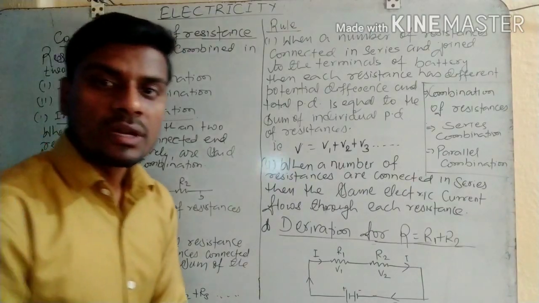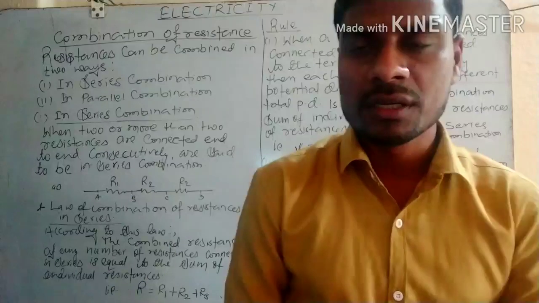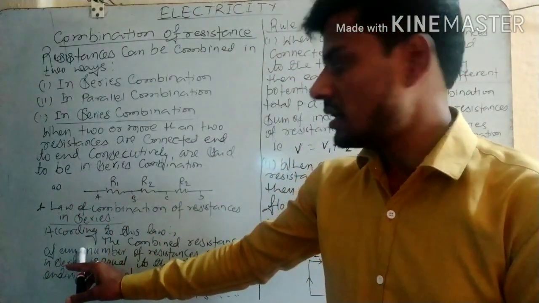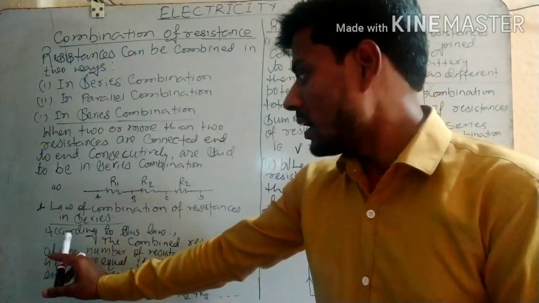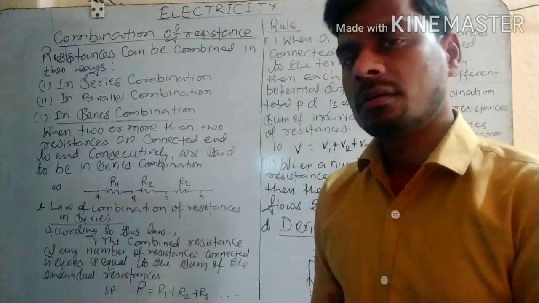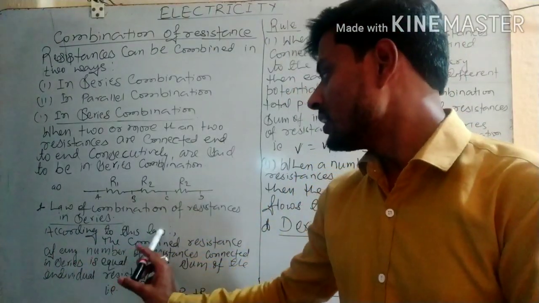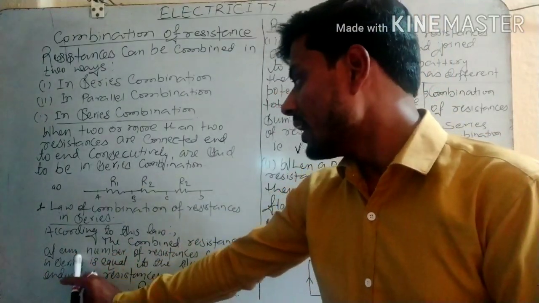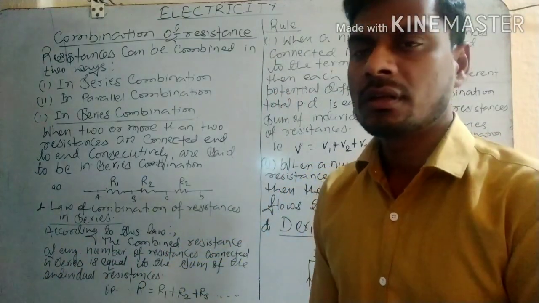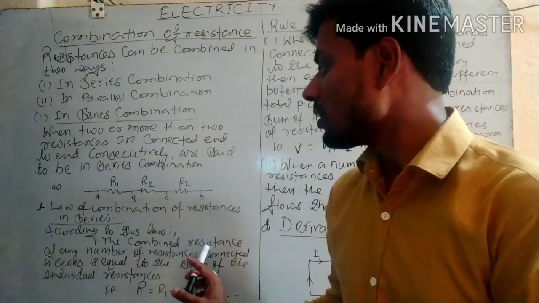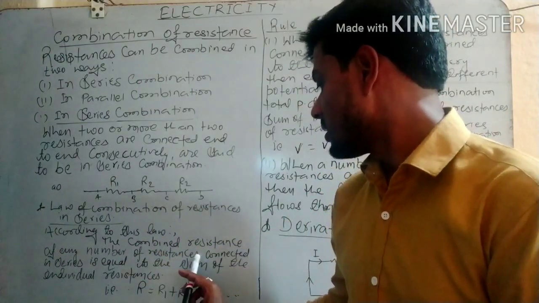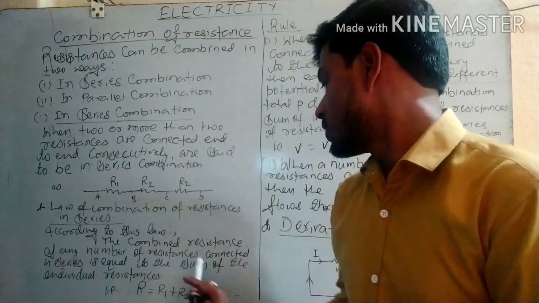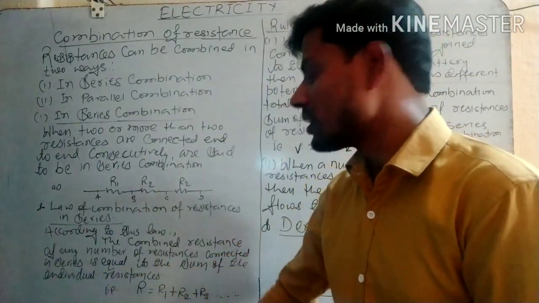What is the law of combination of resistance in series? According to this law, the combined resistance of any number of resistances connected in series is equal to the sum of the individual resistances.